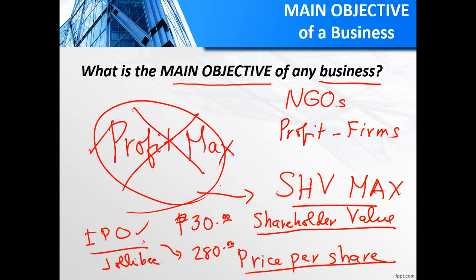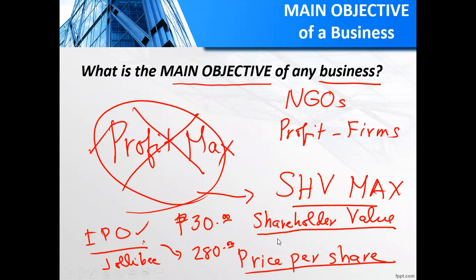And there are many readings, and I'll share with you one reading which you have to read, that debates between, is it profit maximization or shareholder value maximization? But from the perspective of finance, the main objective should be to maximize shareholder value.